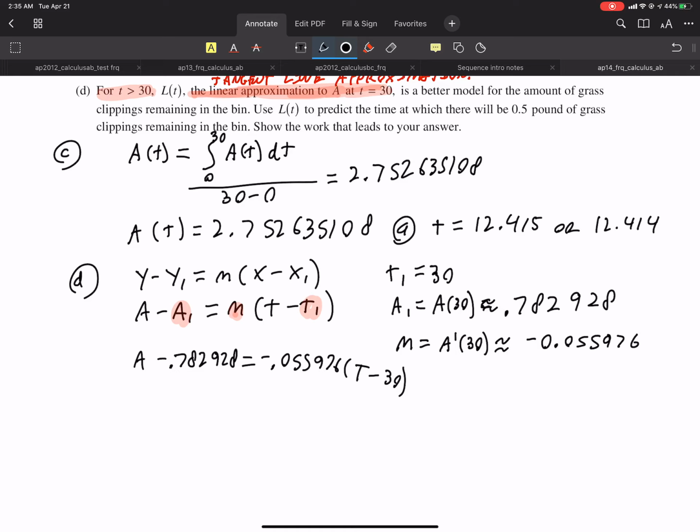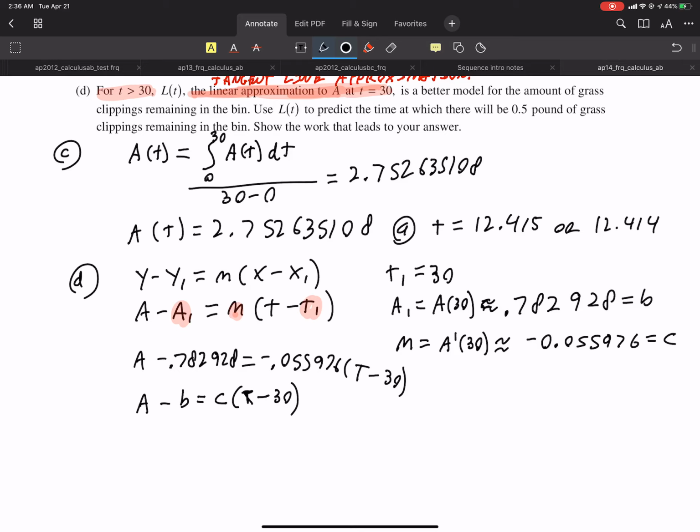Now, to make your life much easier, you could have made this equal to B and made that equal to C. And then you simply would have had this: A minus B equals C, the slope, times t minus 30. Now either way is fine, but they want L of t. L of t is the equation of this line.